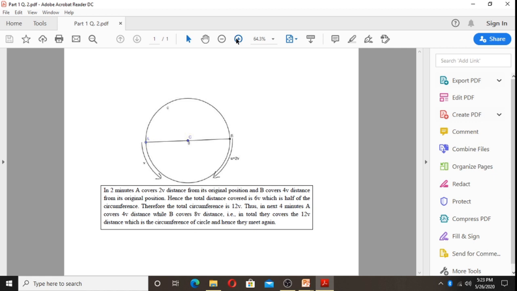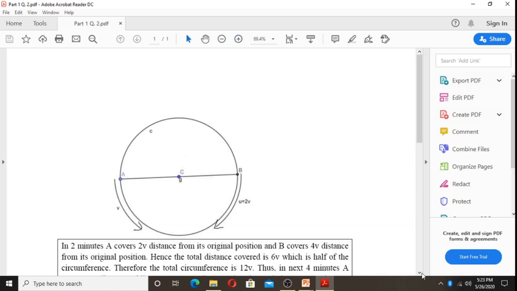You can see here A and B are on the diametrically opposite sides of the circle. A moves in anti-clockwise direction on the circle and B moves in clockwise direction on the circle with the speeds respectively v and twice v. As they pass each other in 2 minutes, in that 2 minutes A covers 2v distance and B covers 4v distance.